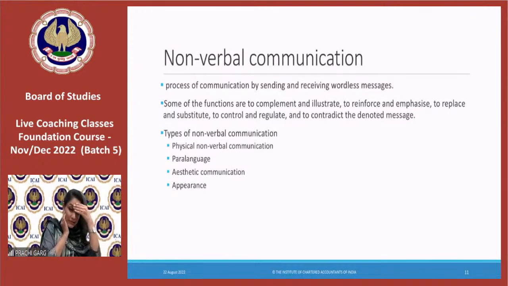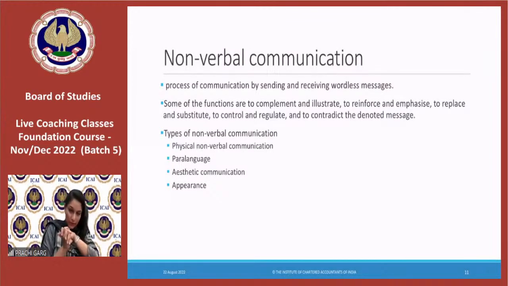To replace and substitute. Okay, at times, non-verbal communication can actually replace what you were saying, right? So probably you're angry, but your face doesn't say that you're angry. So the entire thing goes wrong. To contradict the denoted message, you are basically not agreeable to what the message is, and you express it through non-verbal means.